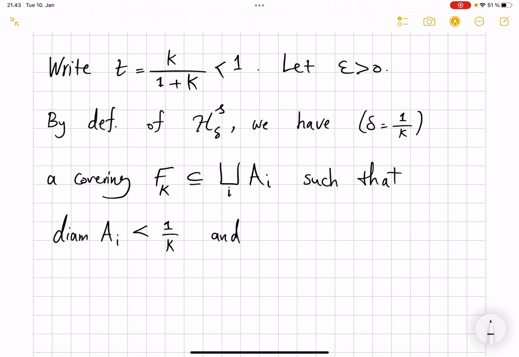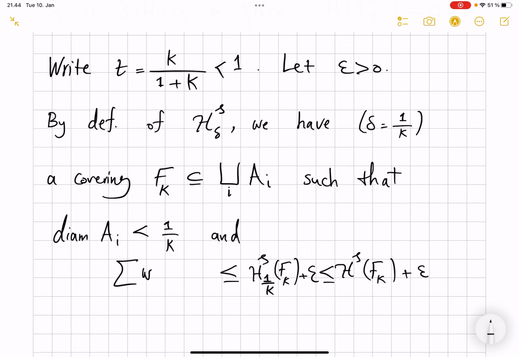And Hs delta of Fk, with delta 1 over k again, plus epsilon will be larger than, because this Hs delta is an infimum, we have found one particular covering, these Ai's, so that the sum of diameters of the coverings divided by 2 to power s.